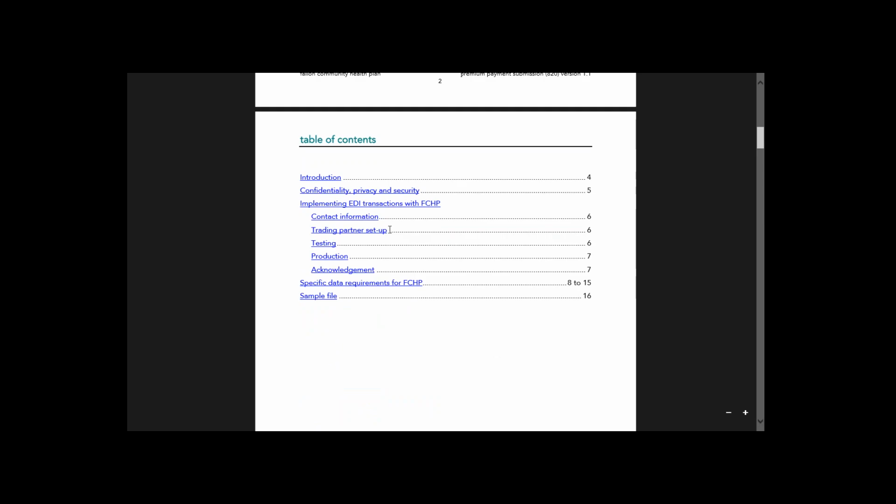you have the trading partner setup. The key, whichever EDI transaction set we are looking at, is the trading partner setup. The trading partner setup is nothing but the kind of contract level you have set between both parties, the receiver side as well as the sender side, so that a unique key is assigned to the sender.